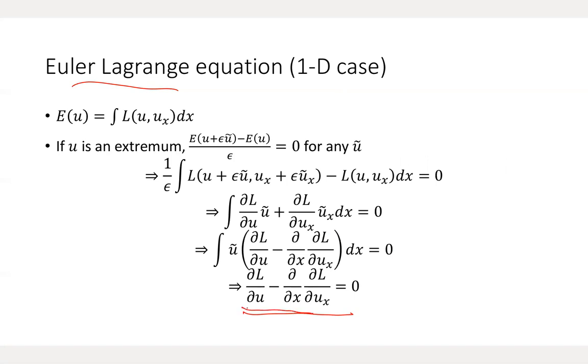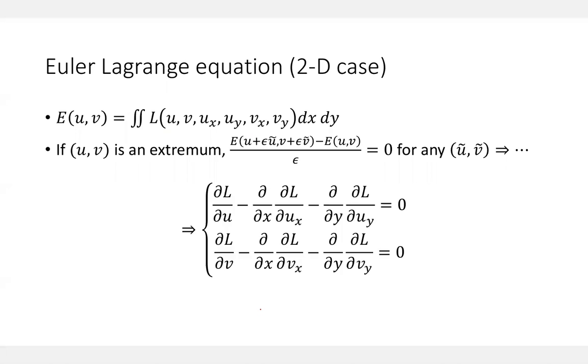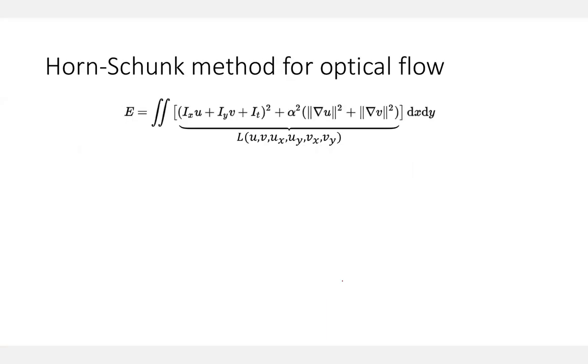You have one equation for u and one equation for v. Also for the u equation, you need to consider not just the x direction, but also the y direction. So therefore, we have two negative terms here, and the same for v. So we have these equations, the Euler-Lagrange equations.